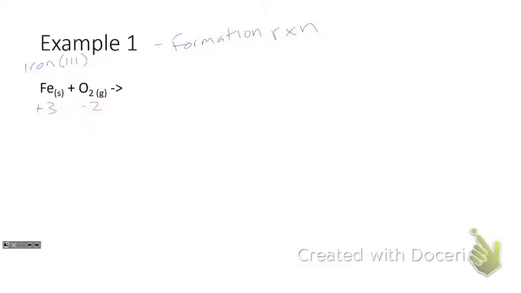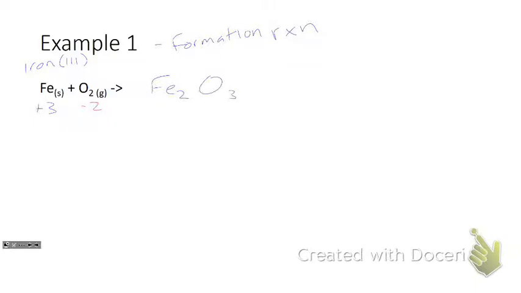So if I have a +3 on my iron and a -2 on the oxygen, what is a common multiple of 3 and 2? 6. Okay, very good. So how am I going to get my +3 to +6? We need 2 of them. Good. And how am I going to get my -2 to -6? We need 3 of them. Very good.